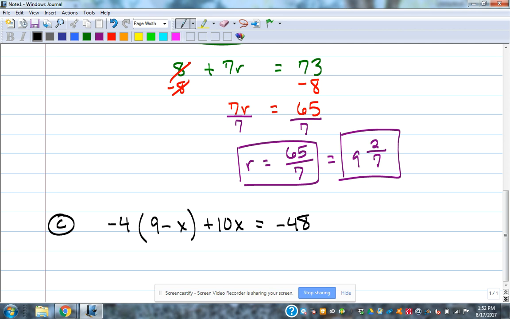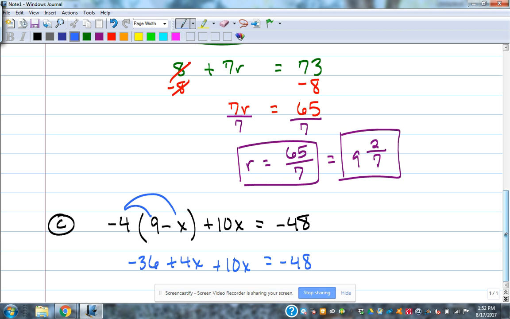Right now we're just working on making sure we know how to solve a multi-step equation. First step. -4 times 9 and -4 times -x. So that'd be -36 plus 4x. 2 negatives multiplied together makes a positive. Plus 10x, -48.